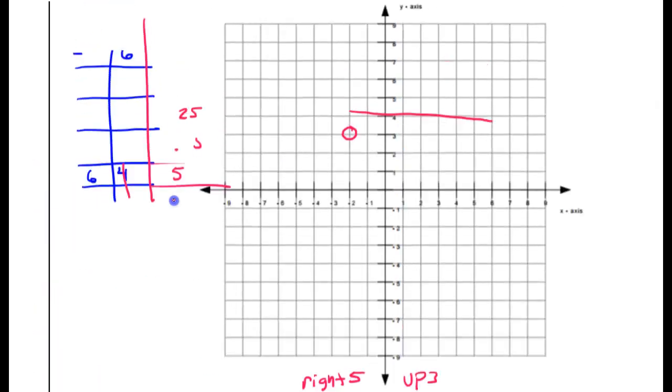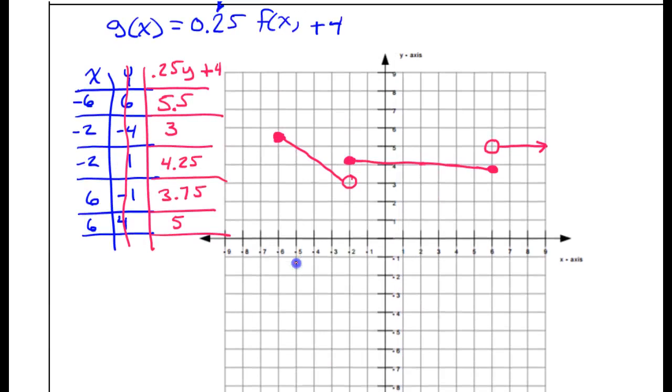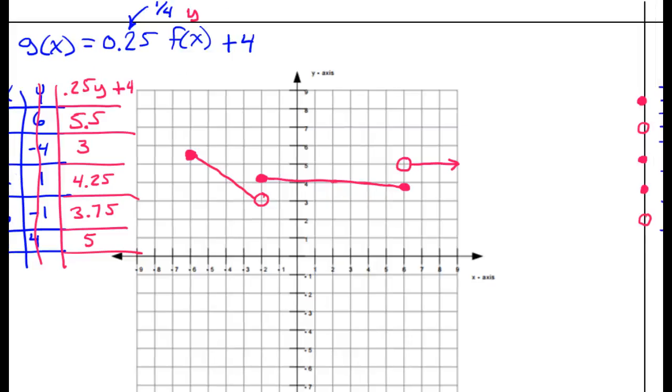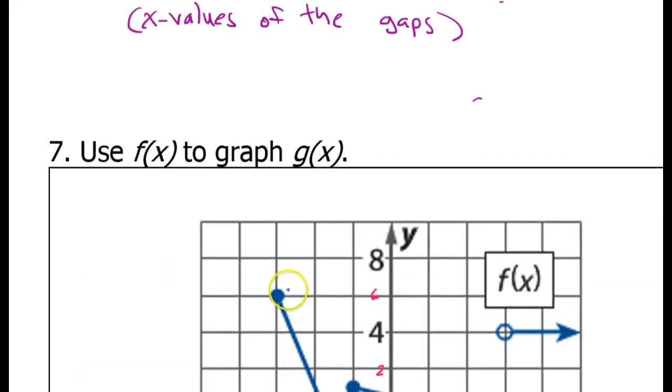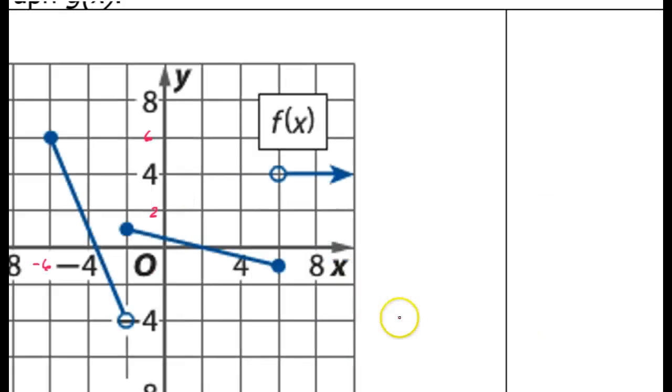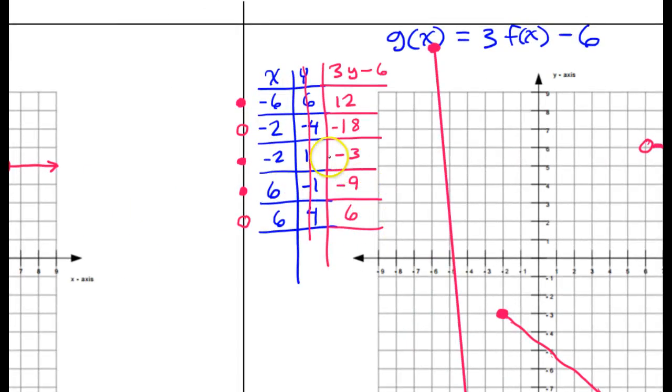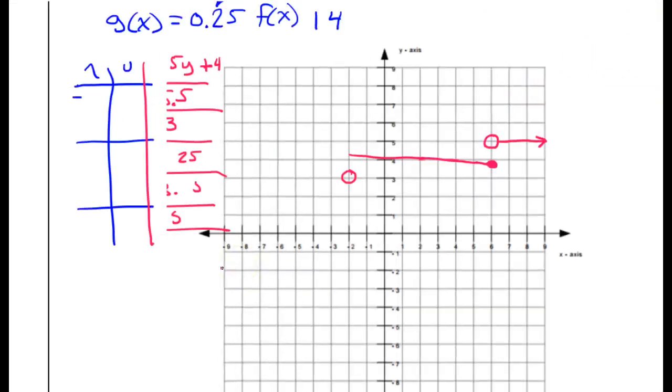Now, notice that on a previous problem, I sort of recorded which points are open and which were closed based on how they looked in the original picture. Okay, so let's just copy that over again. Closed, open, closed, closed, open.